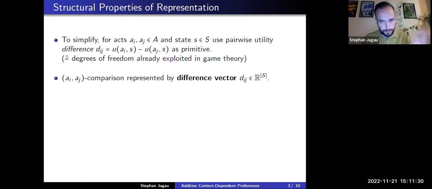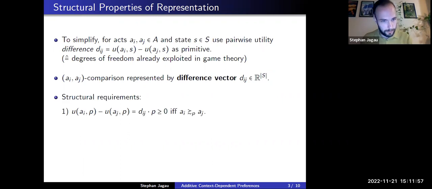And then my primitive or my representation that I'm ending with is going to be difference vectors describing comparisons between different strategies in the game, right? And each difference vector is going to be a vector in the real space of dimension equal to the size of the space of opponents' pure strategy profiles.